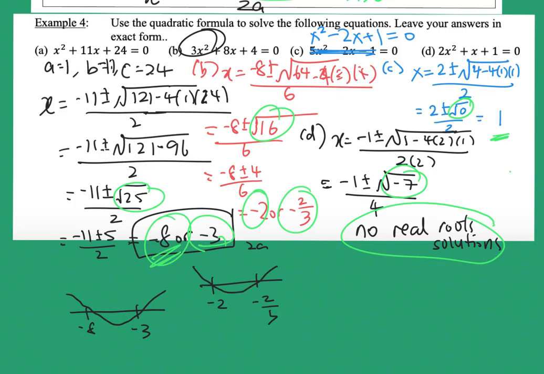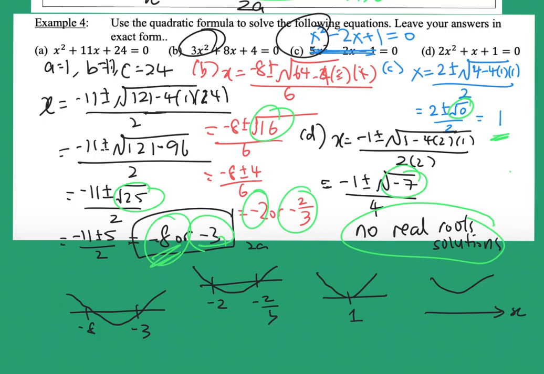For part C, 1 is your solution, and A is positive, so again, it's looking this way. And for part D, there is no solution, so your parabola is above the x-axis. So that's why there are no real roots or no real solution.